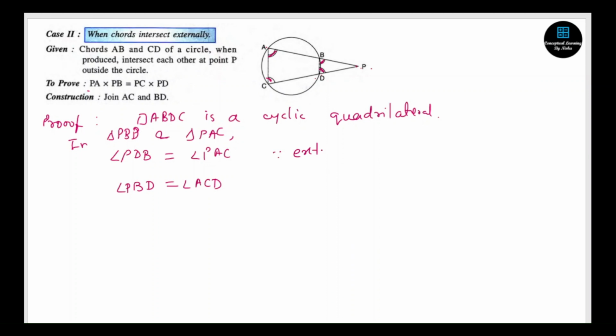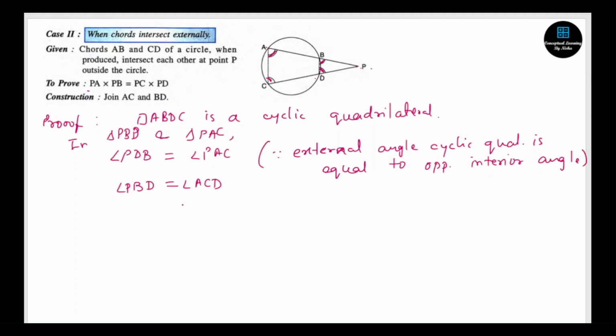Here we have to write that the external angle of a cyclic quadrilateral is equal to the opposite interior angle. Alright, same result for the second one also.